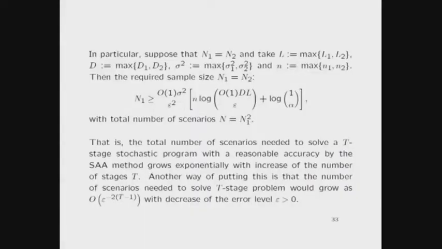Just the question of how we generate these scenarios is a very important one. I have to make certain assumptions about how the process is going on. The simplest is independence from one stage to another. In that case, if I want to sample, to discretize, I only need to look at the marginal distributions. If I have complete dependence, how do I even put it in a computer? I don't have much time, but it's possible to show that from this point of view the sample complexity explodes.